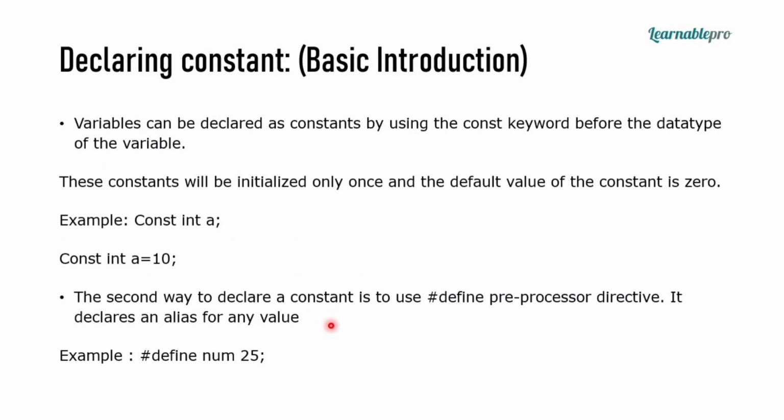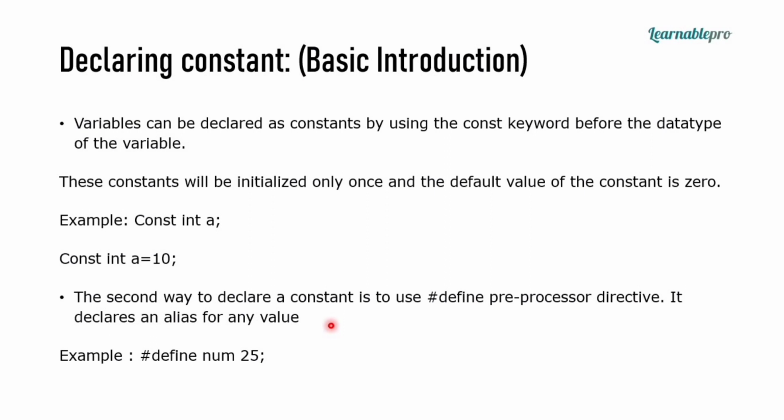Now let's see how we can declare a constant. So we know what is a constant, and we know what are the types of constants, and we know some rules to declare a constant. But now let's see how to declare a constant. Variables can be declared as constants by using the const keyword, C-O-N-S-T. Using this keyword before any data type means we are declaring a constant there.